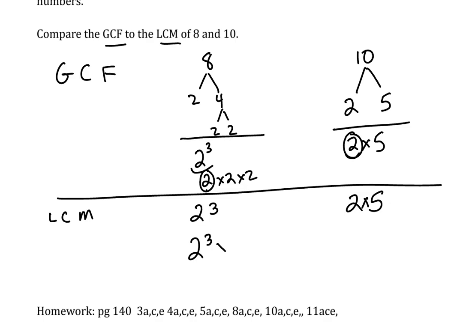But I do have to multiply that by 5 because that is not something that is a part of the prime factorization of 8. So 2 to the power of 3, which is just 8, times 5 is 40. Okay, so the lowest common multiple of 8 and 10 is 40.